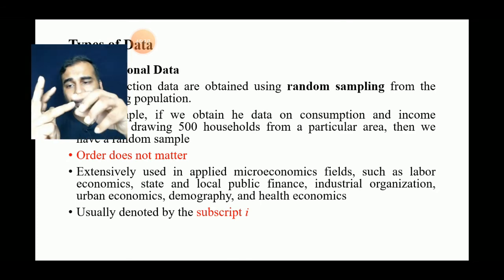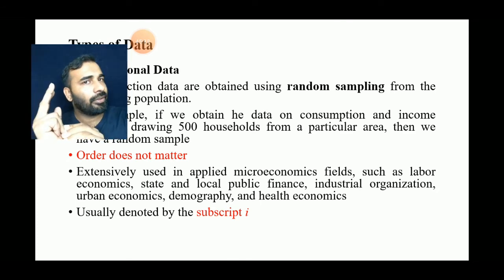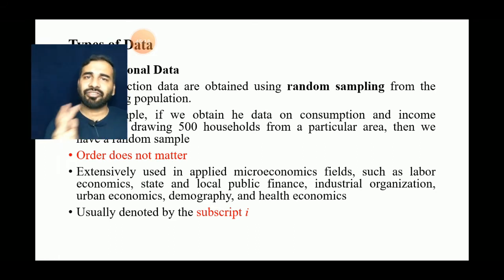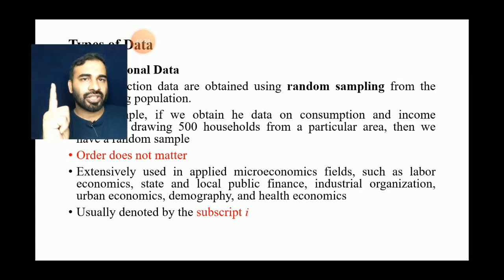Clear? Then the cross section may be the individual, household, firm, industry, state, different countries, or any other units. When we say that there is no time dimension, it means that even if we took many years to complete a data collection, still all such data is considered as one unit. Then all these cross section data should be randomly collected.